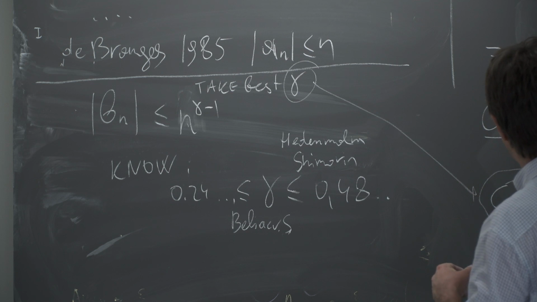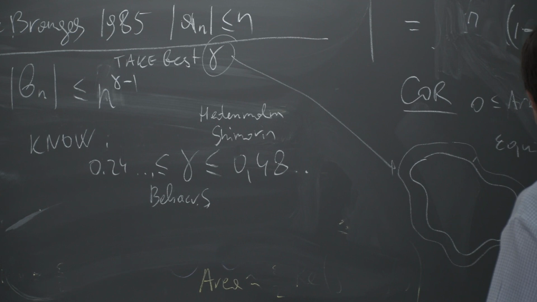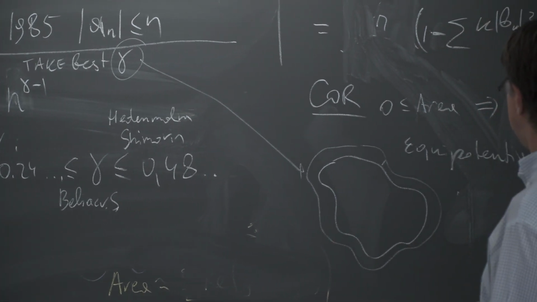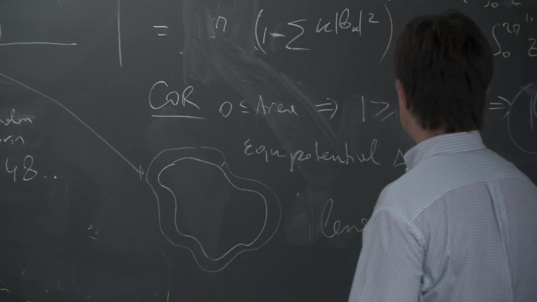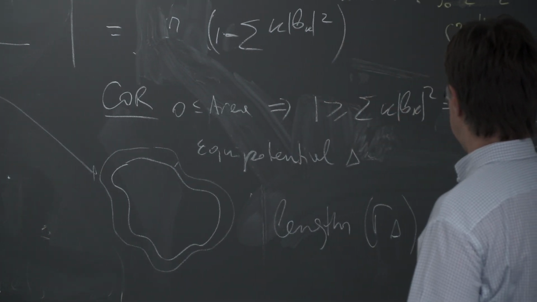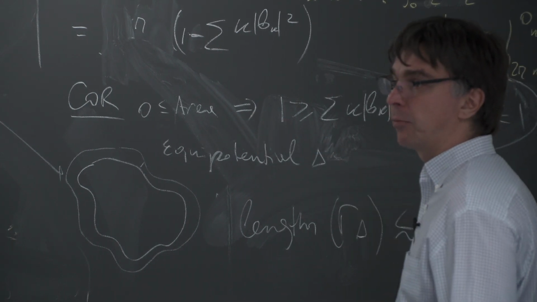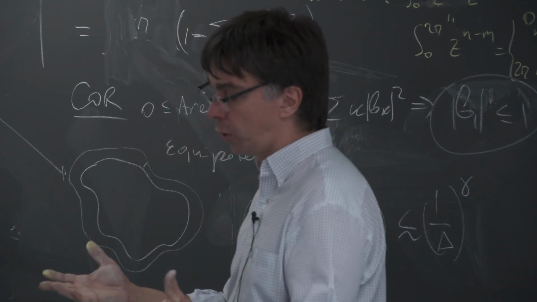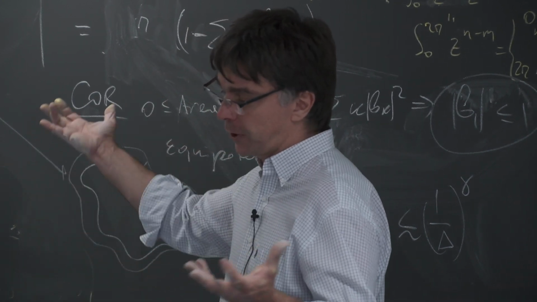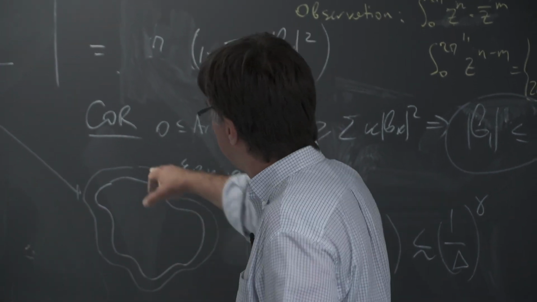You draw electrostatic equipotentials of potential delta, and suppose that the length of this curve gamma_delta is at most 1 over delta to the power gamma. That's the same gamma. So the question is why we don't know, because we don't know what kind of fractals, like the ones Amanda mentioned, like these crystal things, have the longest equipotential.